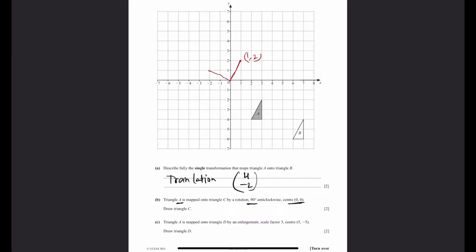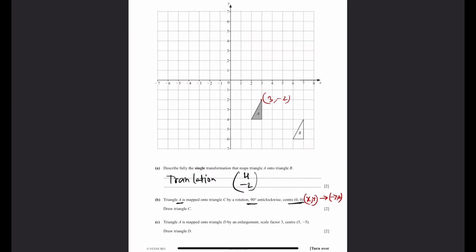That time the point becomes minus 2, 1. So we can form a rule: x, y becomes minus y, x for 90 degree anti-clockwise rotation.